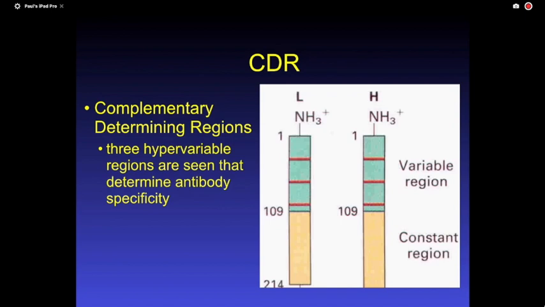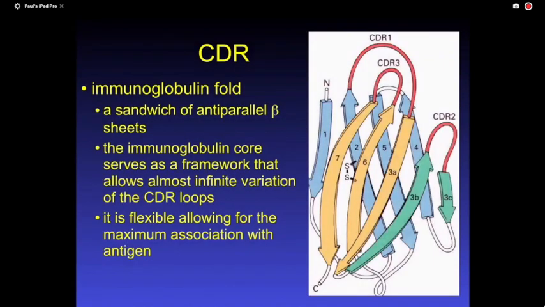The rest of the amino acid sequence, the 1 through 109, probably about 80 to 85 amino acids of those are identical between all antibodies. But there are some highly variable regions that are totally different between antibody and antibody. Now let's see where they are. The hypervariable regions are in red.